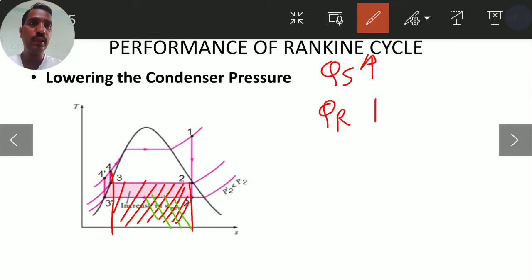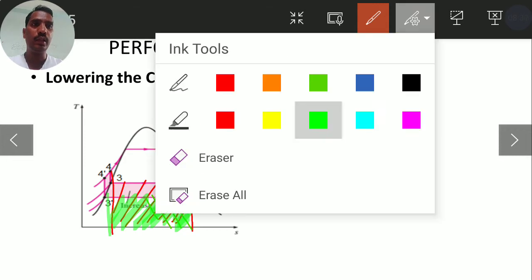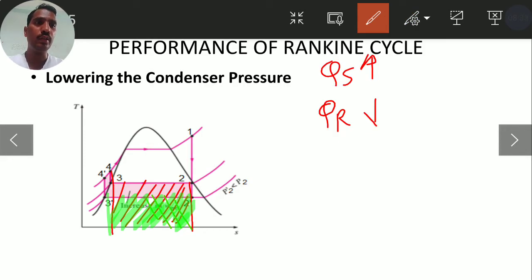The green colored hatching is nothing but the quantity of final heat rejection. If you compare with the initial heat rejection, this heat rejection is reduced. So the load on the condenser reduces. If you reduce the condenser pressure, the load on the condenser reduces.